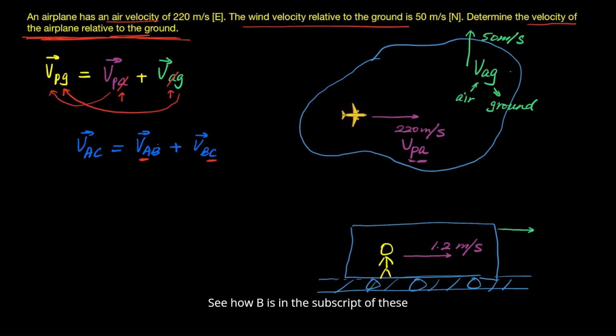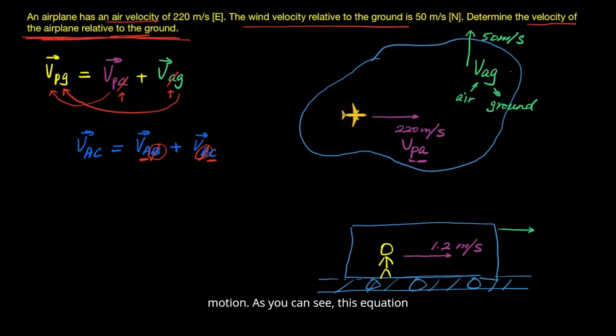See how B is in the subscript of these two vectors, which represents the intermediate object, and it cancels out when you are adding these two vectors. Okay? It's a neat trick for setting up your equations correctly every time for relative motion.